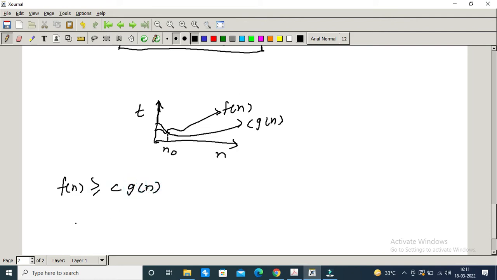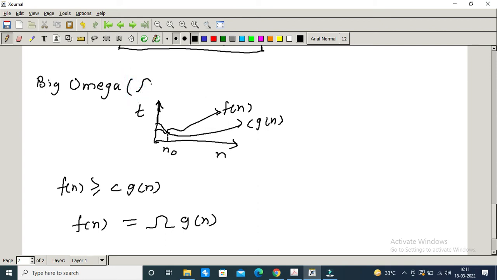So we say that f(n) is omega of g(n). This is the omega notation, big omega. This is the definition for big omega.